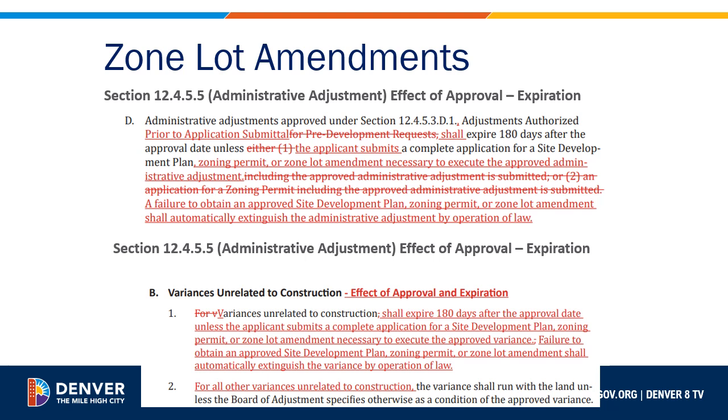Previously, the AA section only listed a complete application for a site development plan, which leaves out quite a few types of pre-development applications that we might receive. The variance section restates the same expiration standard and clarifies that all other variances run with the land.